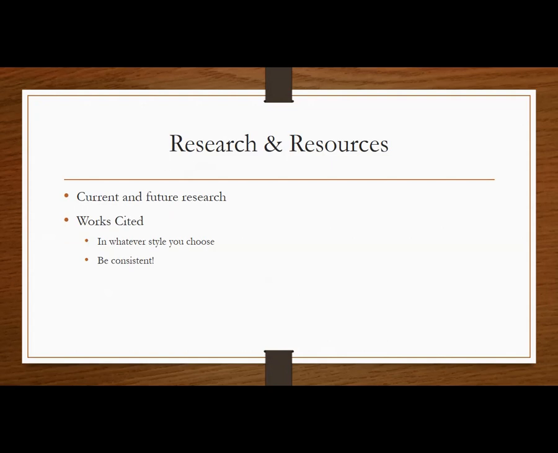I don't care what style you choose for that, just be consistent, whether it's APA, MLA, ABC, whatever. Just use a consistent works cited entry. In your library resources, when you're doing the search, you can actually download the citation while you're doing it. So technology makes it nice and easy.